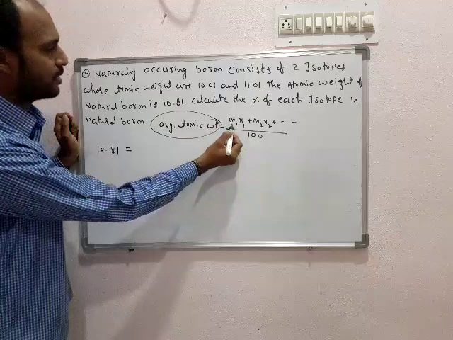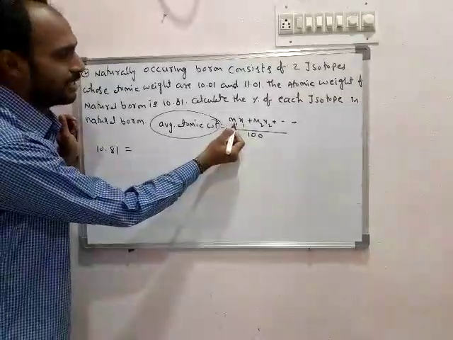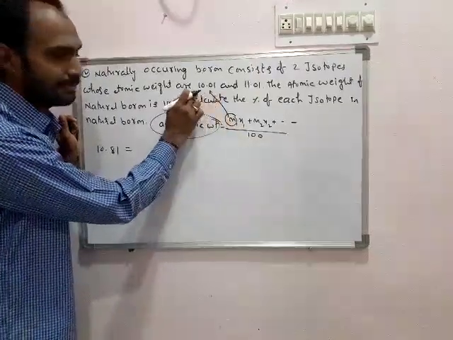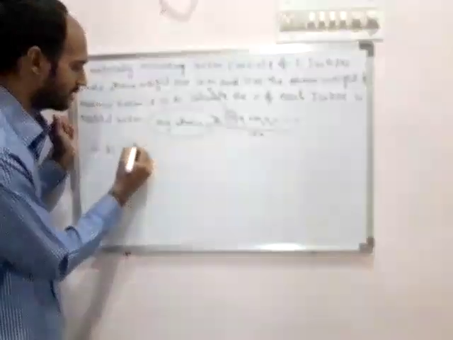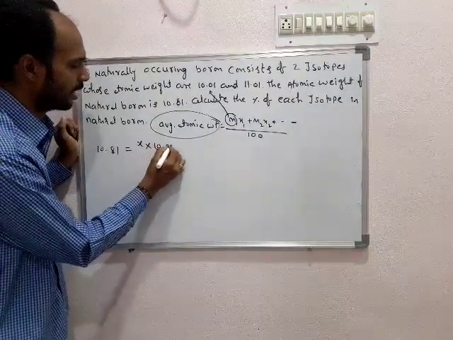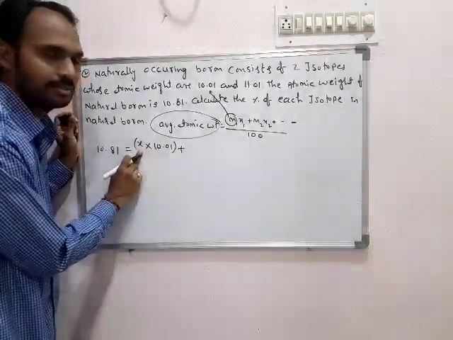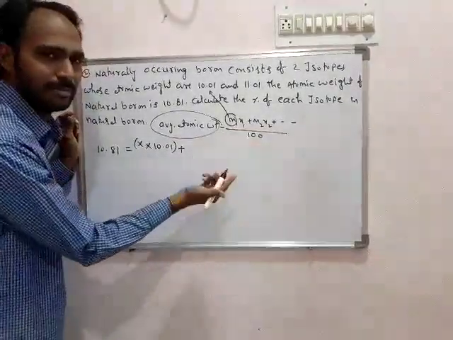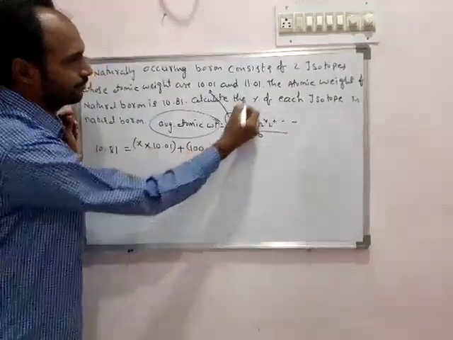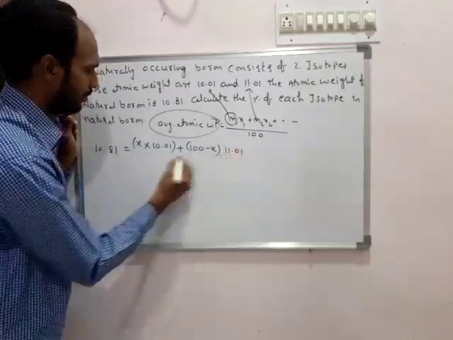We need to find the percentage. Say M1, the isotope having 10.01, is x percentage, x percentage into its atomic weight 10.01. So if it is x percentage, then the second one will be 100 minus x percentage, which has 11.01 atomic weight.